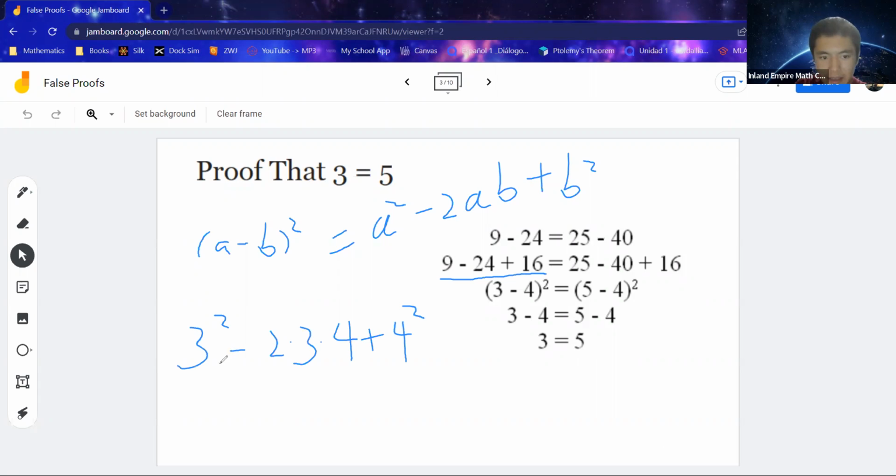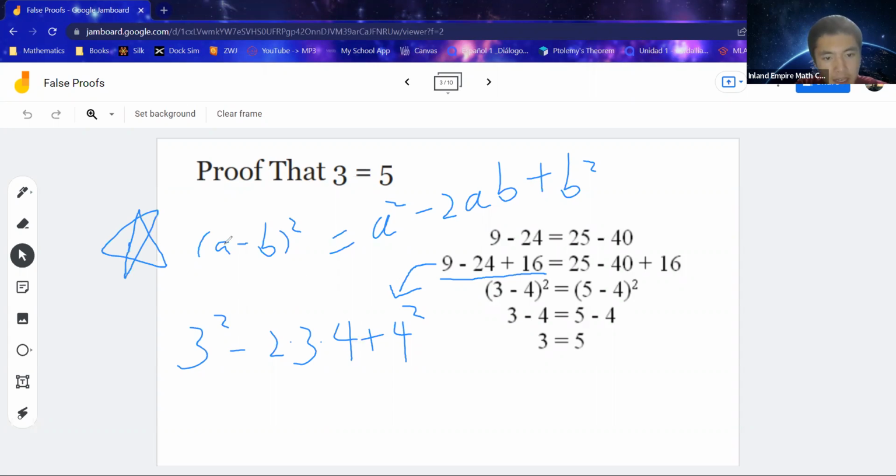Because 3 squared is 3 times 3, which is 9, and 2 times 3 times 4 is 24, so that's the minus 24, and 16 is equal to 4 times 4. So this expression can be written like this, and when we write it like that, we can apply this formula.